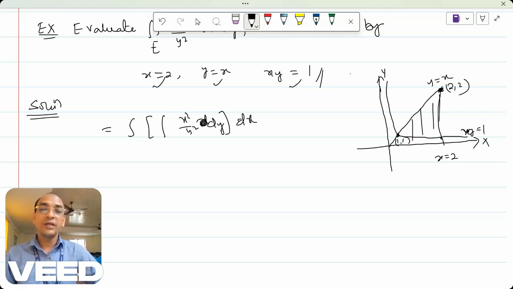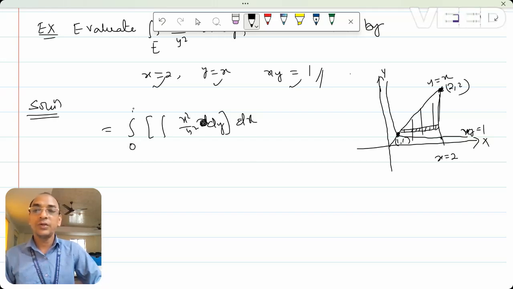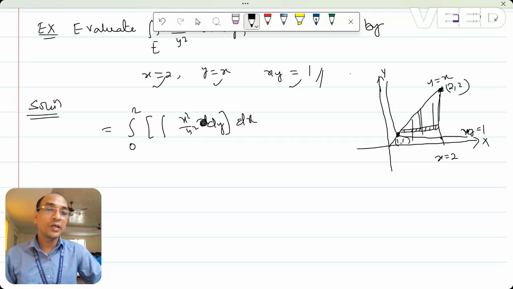Since x is outside, my limit of x will be from left to right. Left to right means the minimum value of x is 1 and the maximum value of x is 2. So the limit of x will be 1 to 2. Then the inner integral should have a function of x, because the inner integral is with respect to y. The limit of y should be a function of x. So how can we find the function of x?